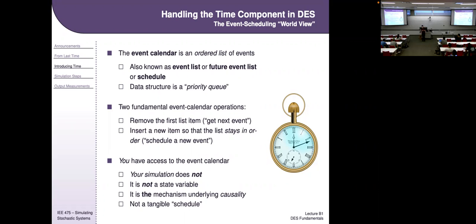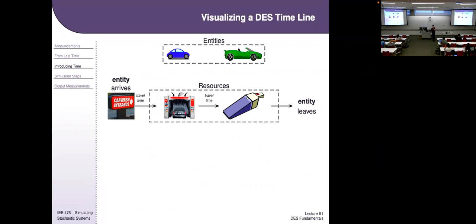That would be like in real life looking into the future, which we can't do. So this event calendar is so the computer can simulate. It is not for your process logic. You as a programmer can look at the event calendar to debug your code, but you should not write anything in your code that references the event calendar, because the event calendar is off limits. It is not a state variable. Hopefully that makes sense, or will make sense as we go through these examples.